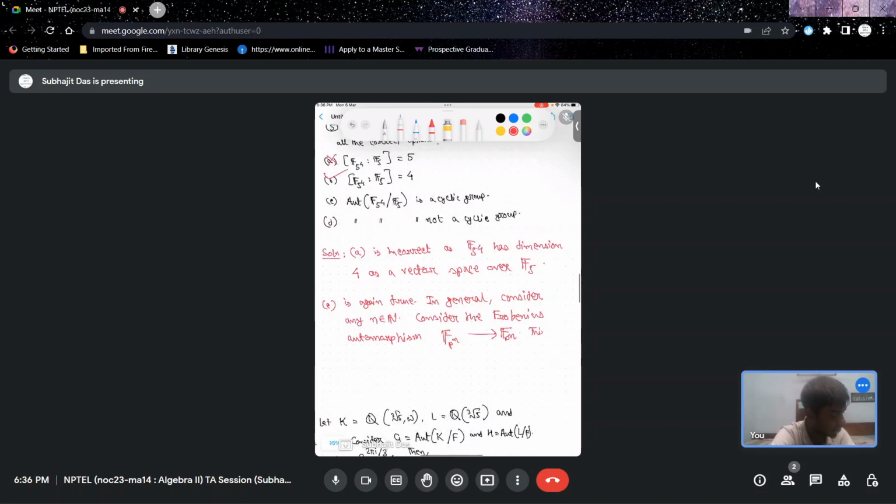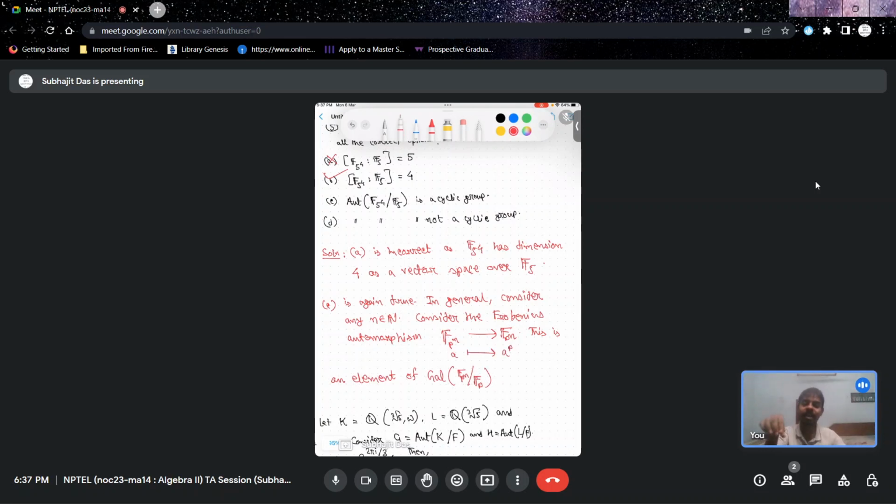This is an element of the Galois group of Fp to the power n over Fp. Check this, it is very easy. The Frobenius automorphism is defined like this: a goes to a power p.